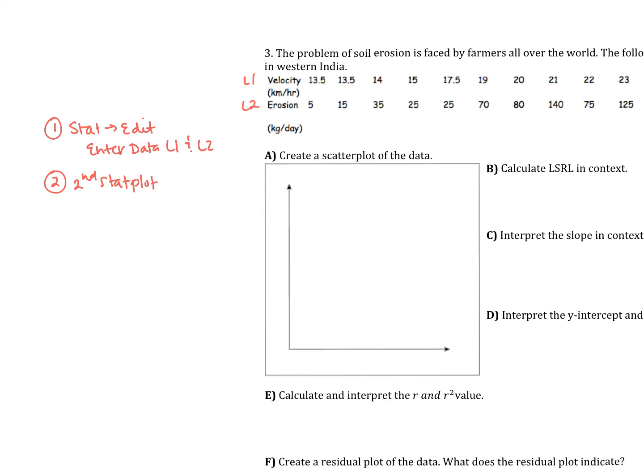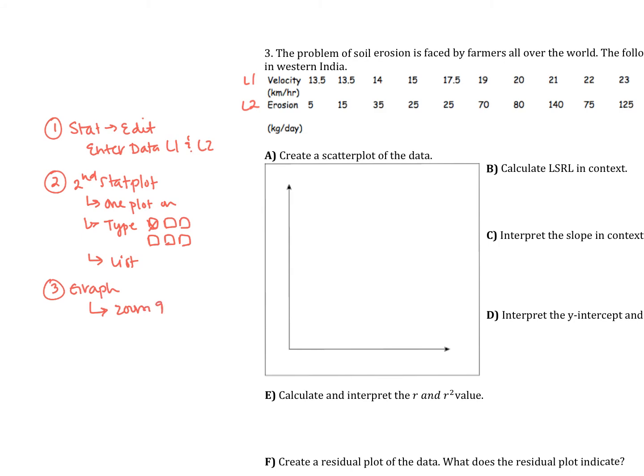And you're going to make sure of the following things. Only one plot is on. You select the type. That is the first box. There's 6 options. The first box. You're going to select your lists. List 1 is what you want on the x-axis, and list 2 is what you want on the y-axis. Then you're going to hit graph. And then you're going to hit zoom 9.